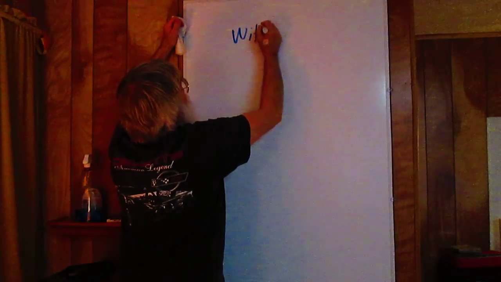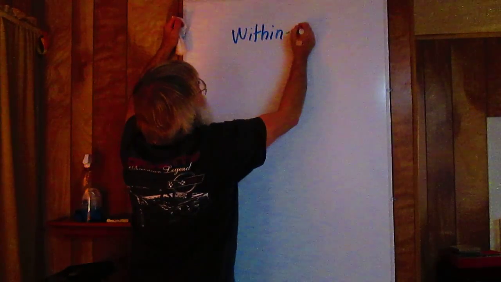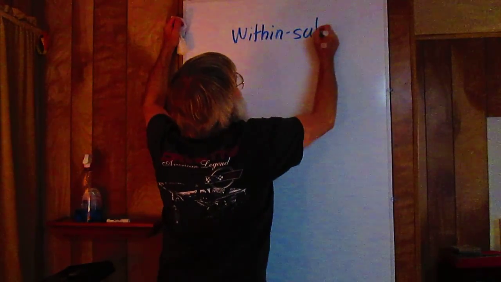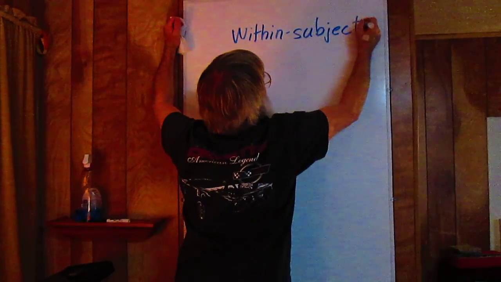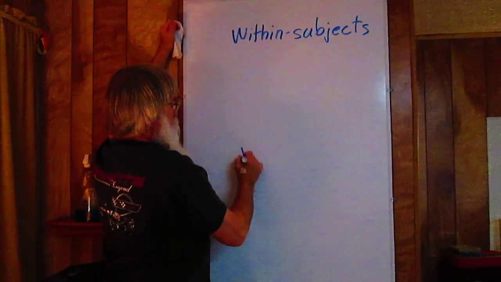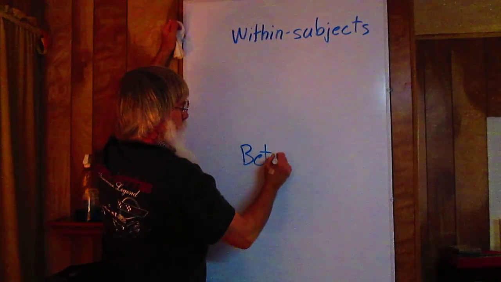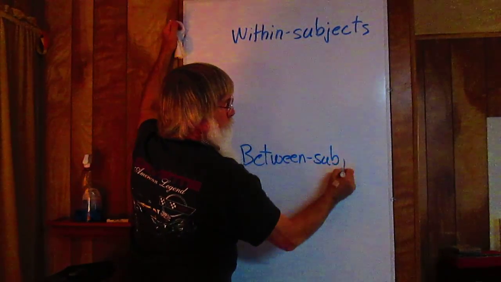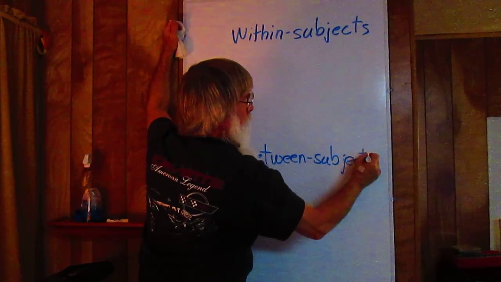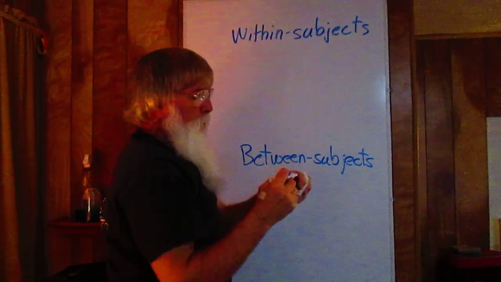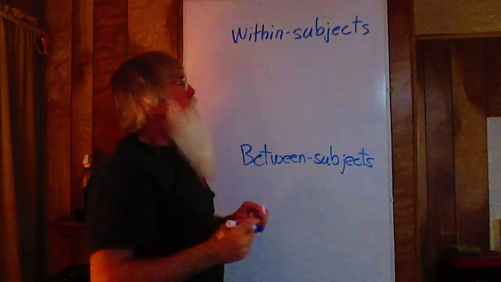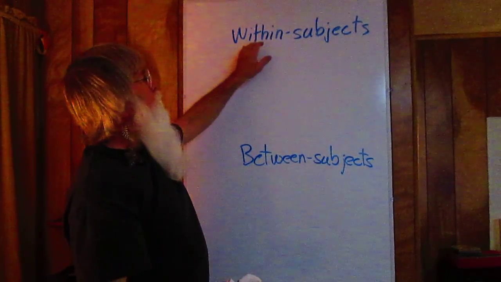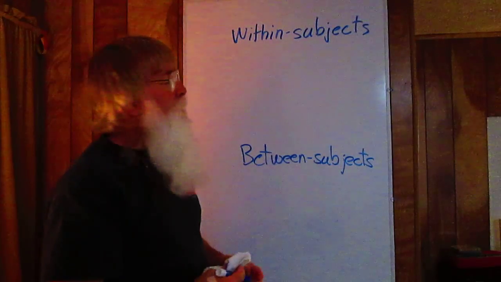Within subjects and between subjects. And when you are doing your journal critique, you should be able to identify whether their research design is a within subjects or a between subjects design.